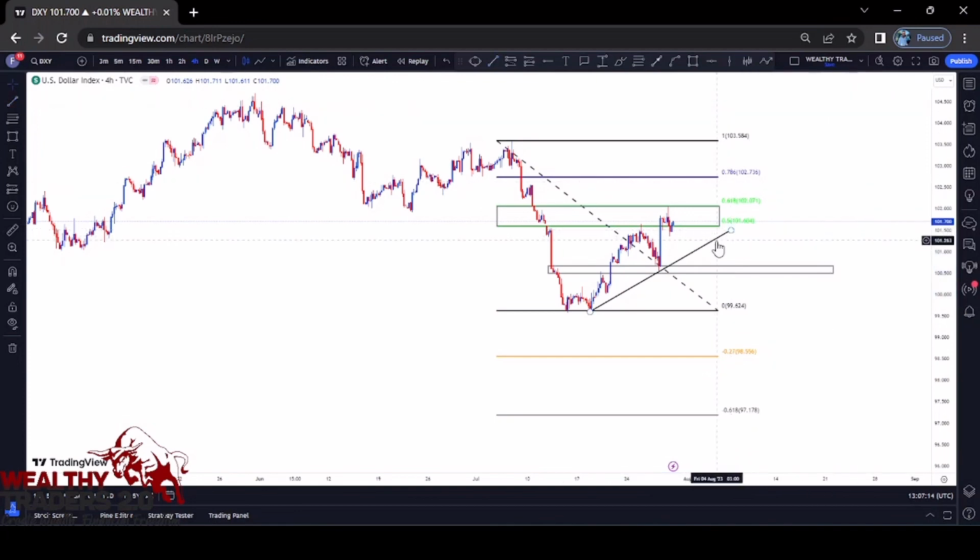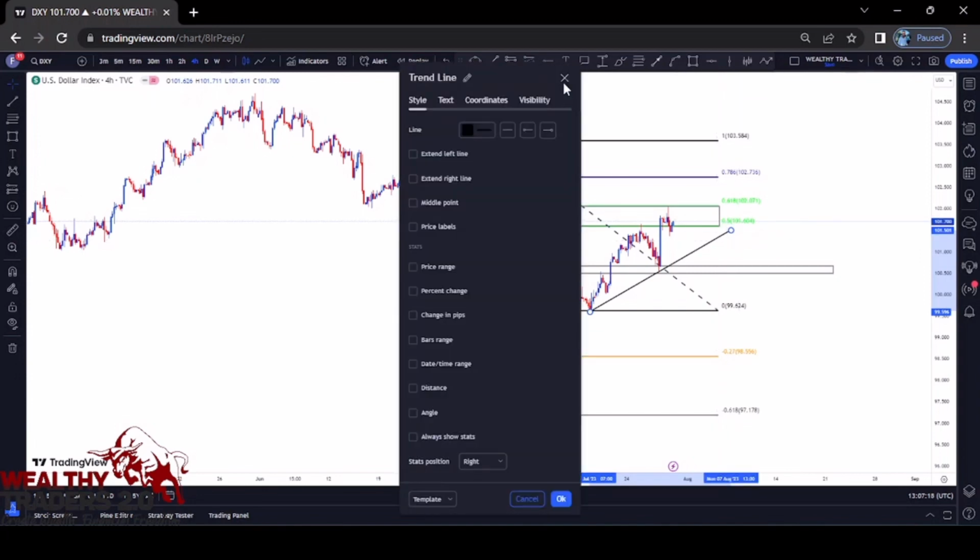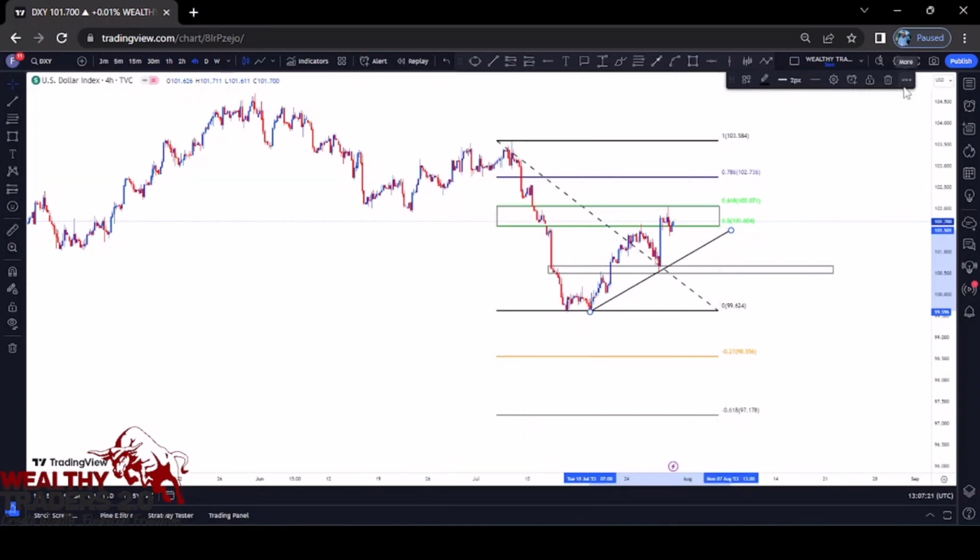So now, as you can see, it's what we call the nature theory of the market. The nature theory of the market states that the market moves in phases of impulse, correction, and impulse.